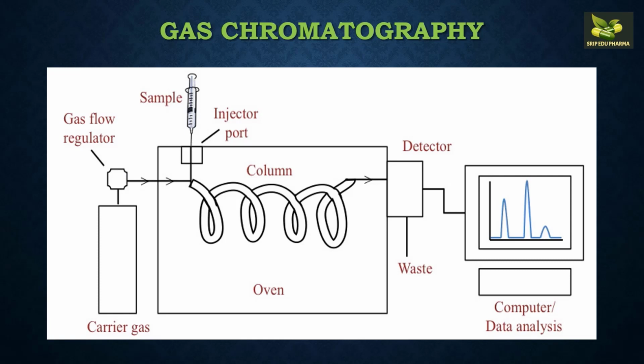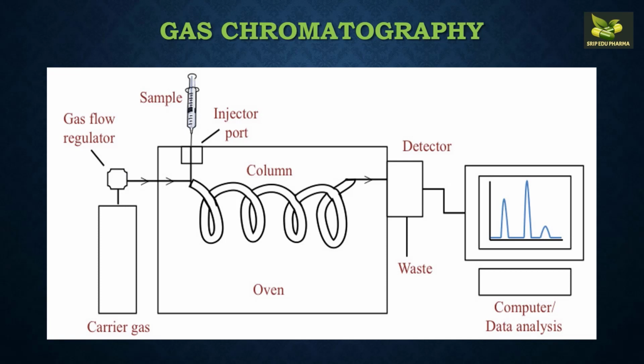This is the actual instrumental part of gas chromatography, where the carrier gas flows from the cylinder towards the oven. In order to get a proper uniform supply of this carrier gas, proper flow regulators are associated, which monitor the flow so that it is split uniformly into the column with the help of a splitter. Common flow regulators or flow splitters are the rotameter or soap bubble meter.